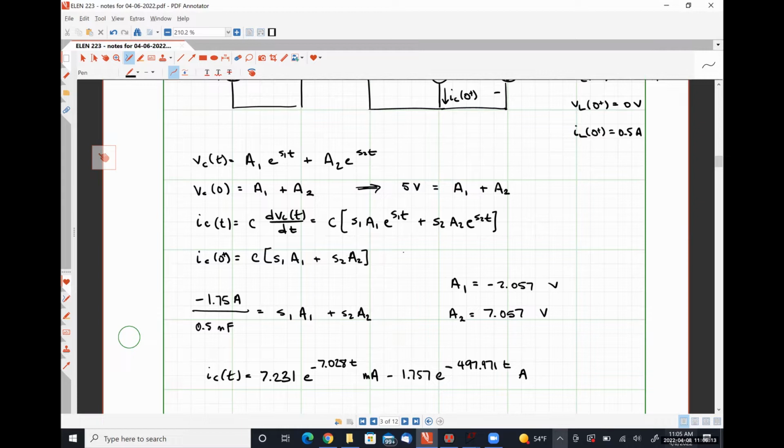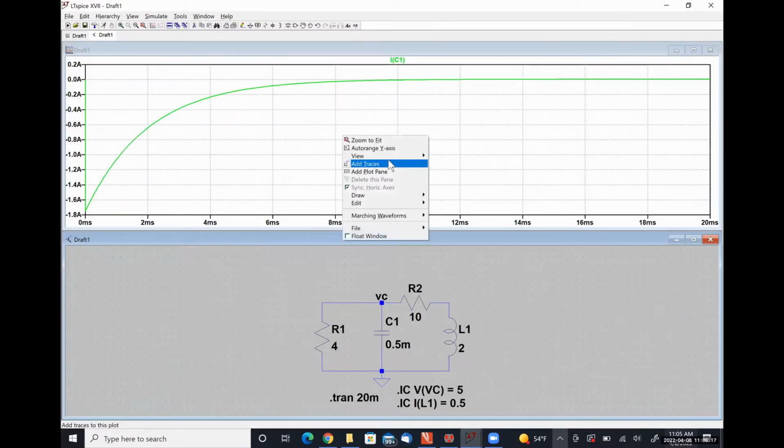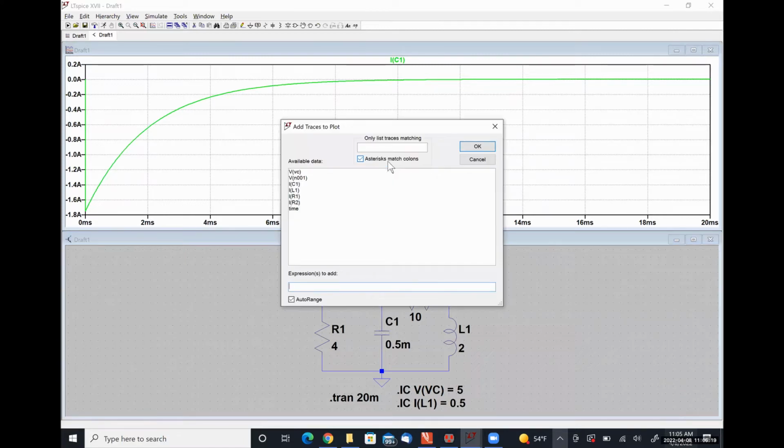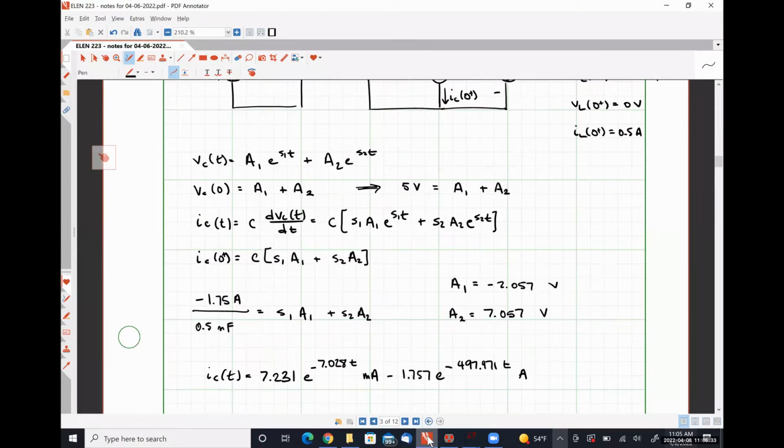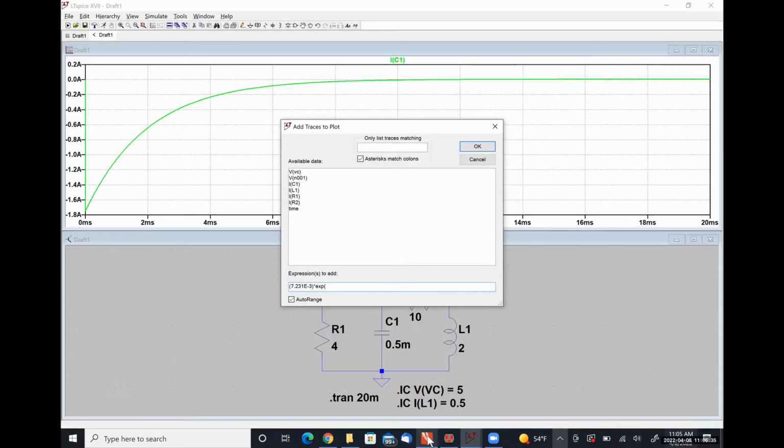So 7.231 times 10 to the -3, because that's in milliamps, times exp of, let's see, what was S1, -7.0. Multiply that by time.